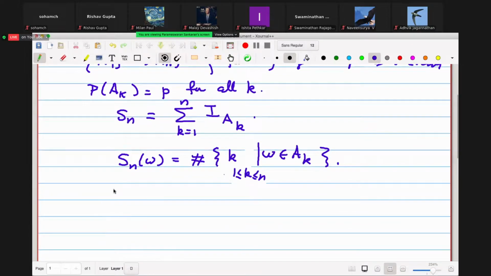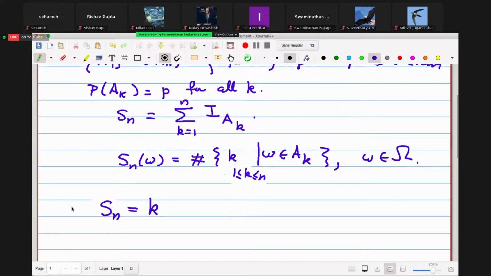And we are interested to compute this. So what is the meaning of the statement that you want to compute? This is a random variable, omega is in capital Omega, and you want to know what this set is.